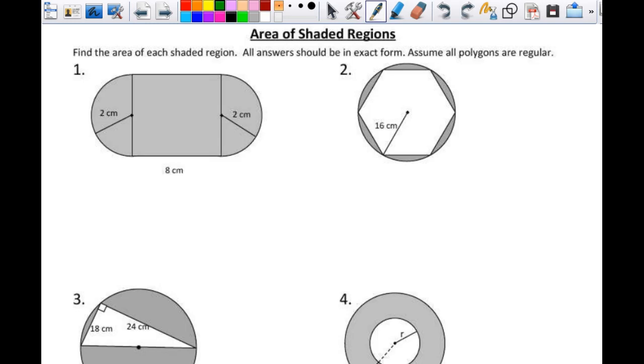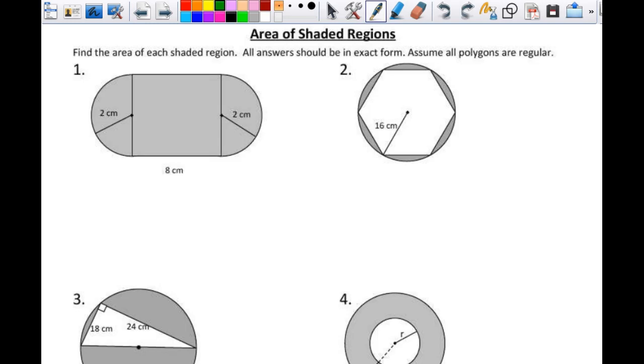So if we're going to do number 2 together, who thinks they could give me what a good plan to find the area of the shaded region would be? Anybody? What could we do? You could just tell me, we don't have to draw pictures, but what would I find and do what with it?